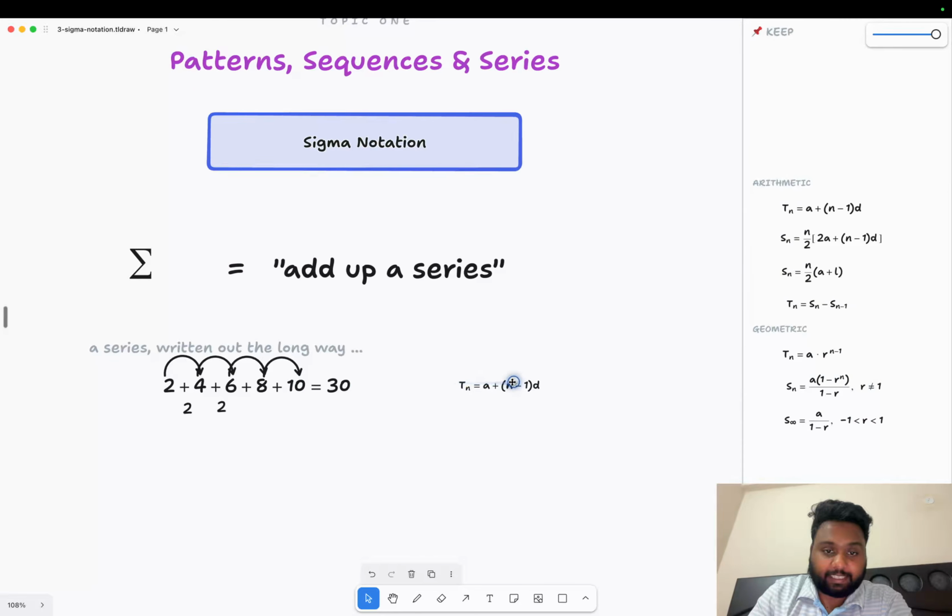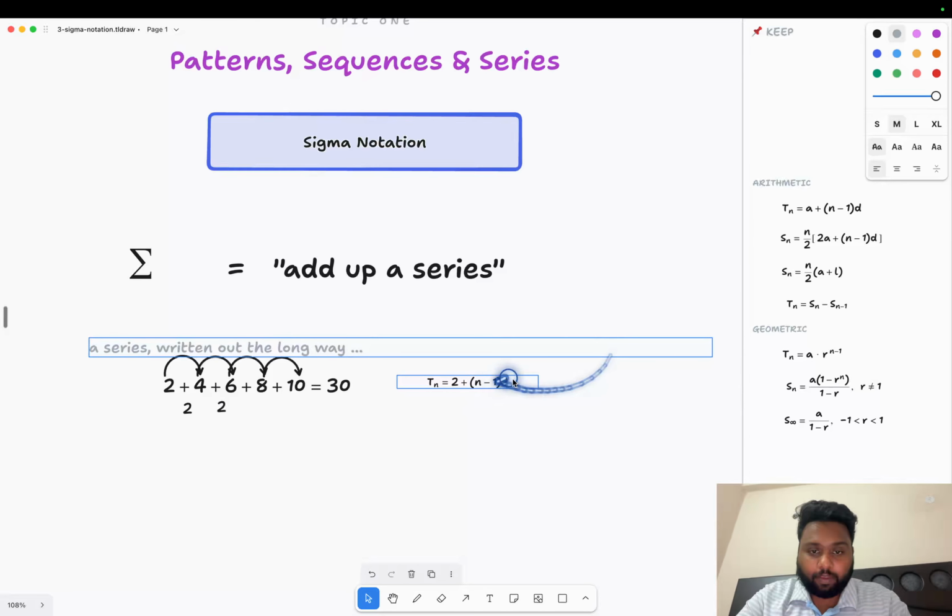For an arithmetic series, the t of n is a plus n minus 1 d. Now we already know the value of d is going to be 2 and our a is 2. Then our formula will become t of n equals 2 plus n minus 1 multiplied by 2.